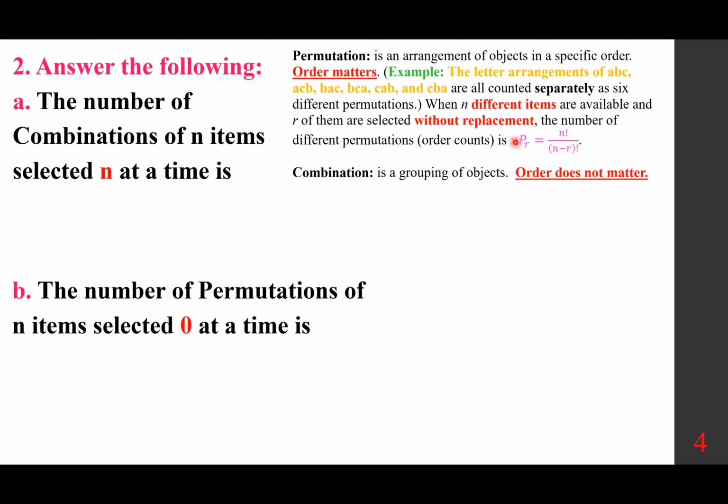So this is nPr, and that represents the permutation of n different objects, pick r. For the combination, we use n factorial. So n combination r is n factorial over r factorial times n minus r factorial, or just the permutation divided by r factorial.